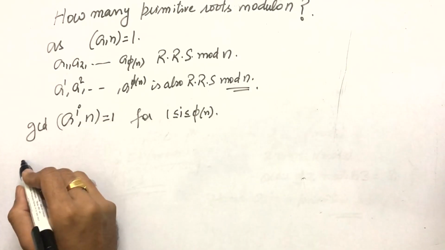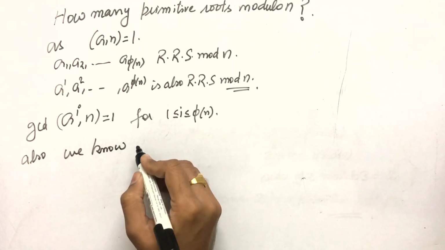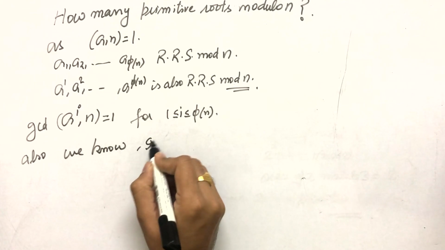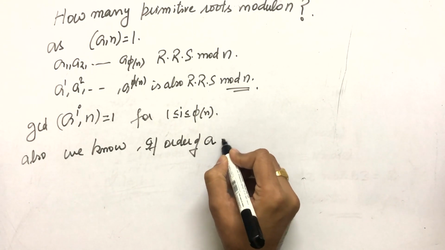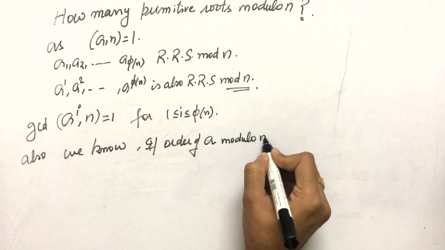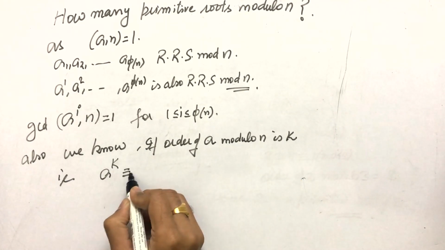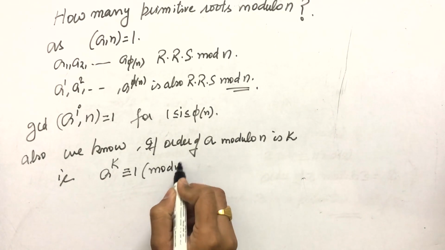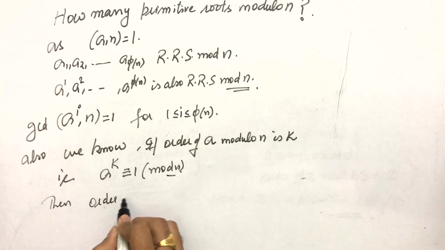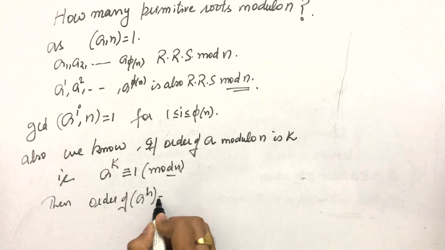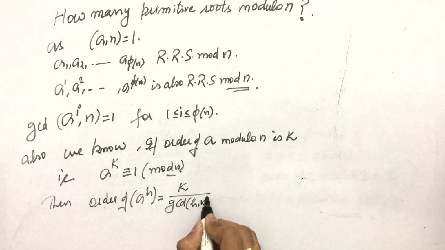And also we know if the order of a modulo n is k, that is a power k is congruent to 1 mod n, then the order of a power h is k divided by GCD of h and k.